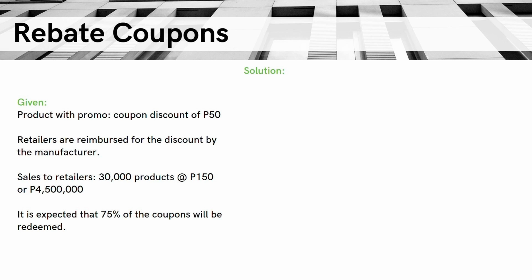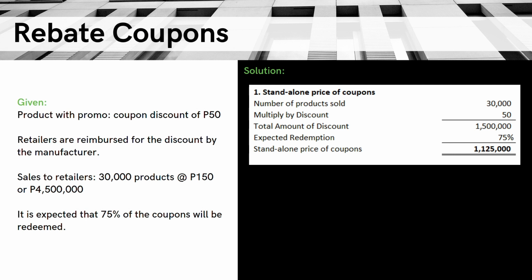So for the given, a product with promo is there is a coupon discount of 50 pesos. Retailers are reimbursed for the discount by the manufacturers. And then sales to retailers is 30,000 products at 150 or 4,500,000. Expected redemption rate is 75%. Now let's calculate based on the first step and then the second step. So first, get the standalone price.